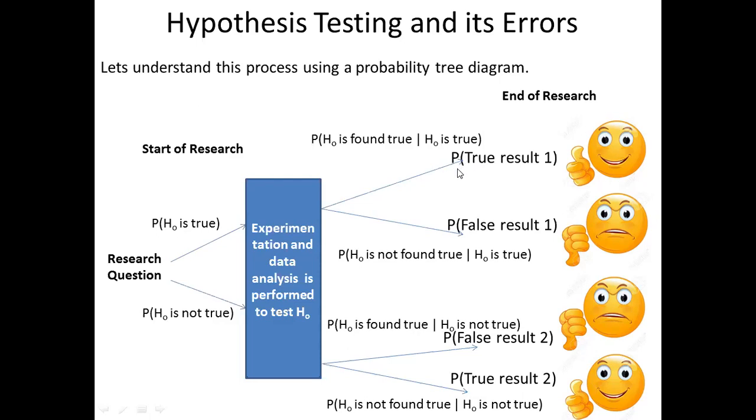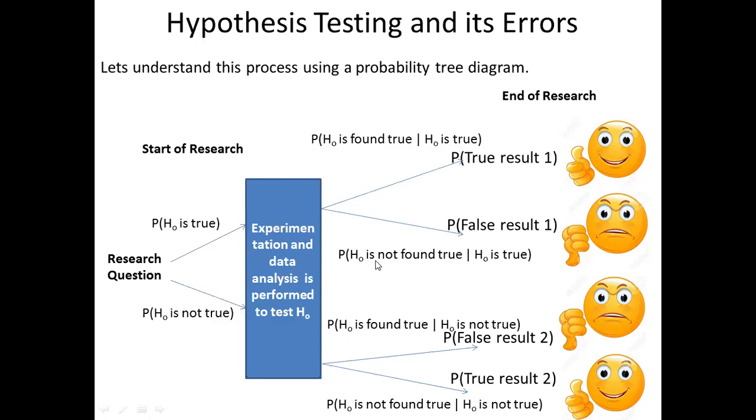But we can also end up in a situation where our results show that the null hypothesis is not found to be true under the condition that H naught is actually true. So that means we have made some error, and this is called a false result 1, right? And definitely it has a certain probability, which would be 1 minus the probability of the true result 1.